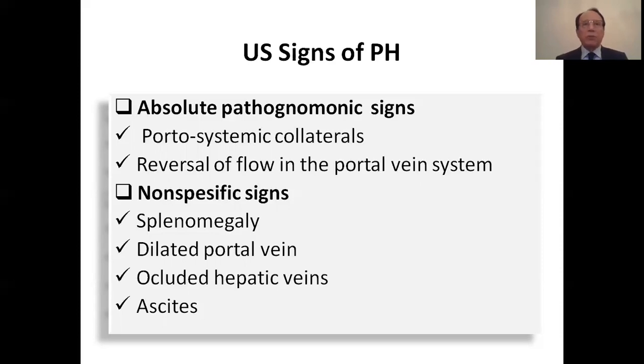Splenomegaly is commonly associated with portal hypertension, but is not specific. Also, portal vein dilatation higher than 13 millimeters in diameter, ascites, and occluded hepatic veins are less pathognomonic signs of portal hypertension shown by ultrasound.